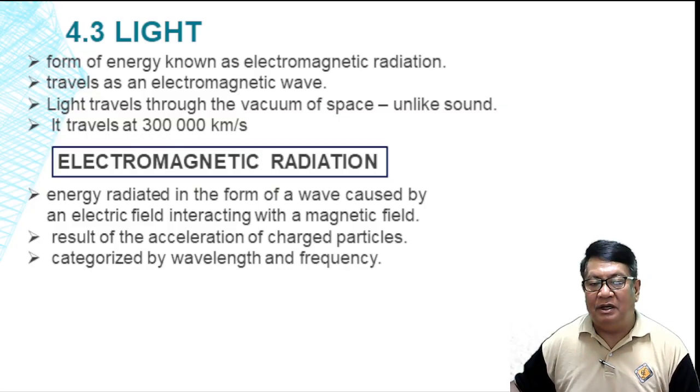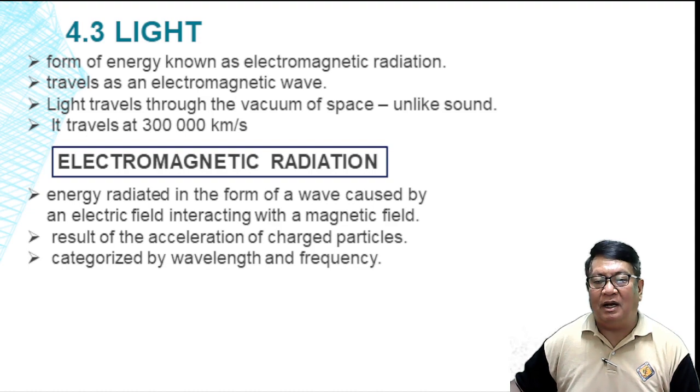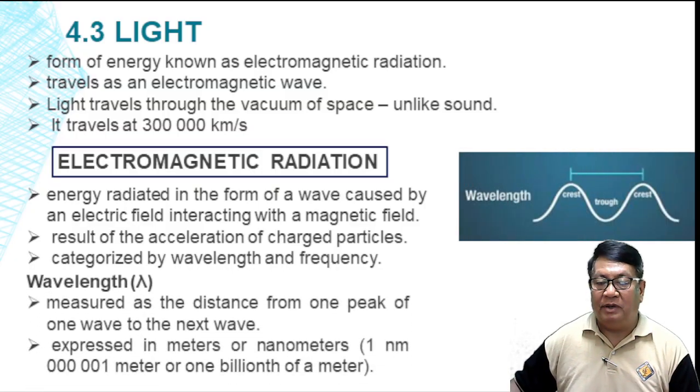This is energy radiated in the form of waves caused by an electric field interacting with a magnetic field. It results from the acceleration of charged particles, and is categorized by wavelength and frequency.